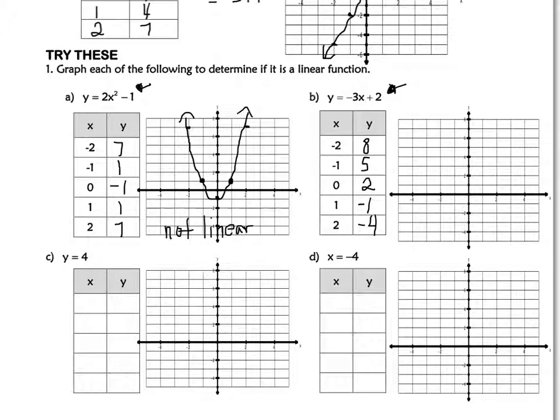So if we plot those points, -2 goes with positive 8. -1 goes with 5. 0 goes with 2. 1 goes with -1. 2 goes with -4. We kind of suspected that this is going to be a line because the equation has that pattern that we talked about earlier, the dependent variable is the rate of change times the independent variable plus a constant. It has that form.